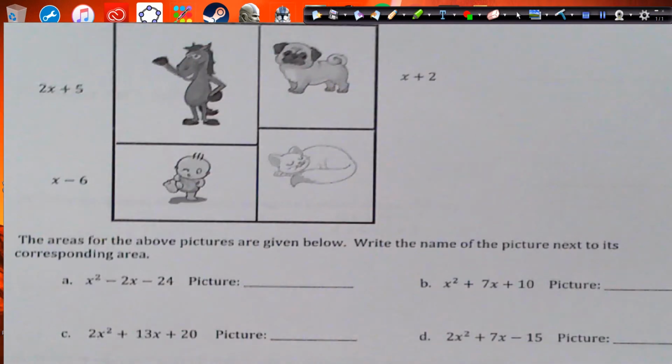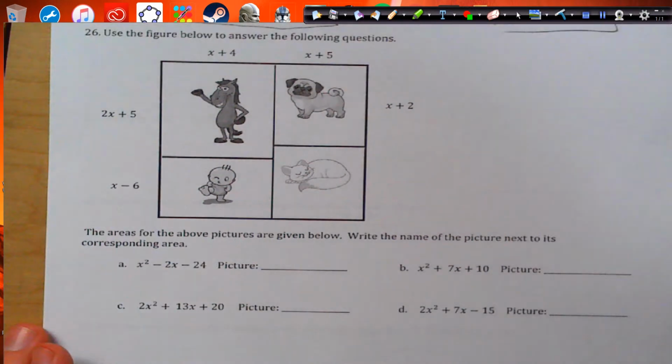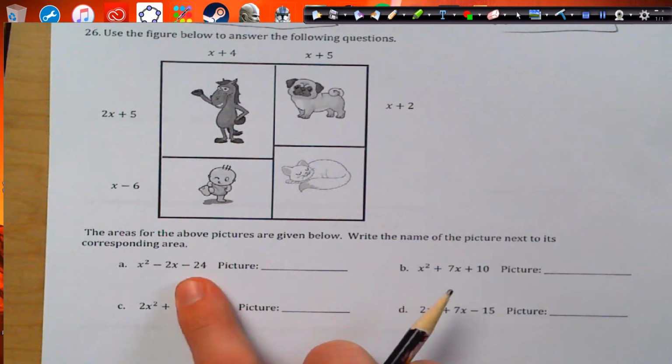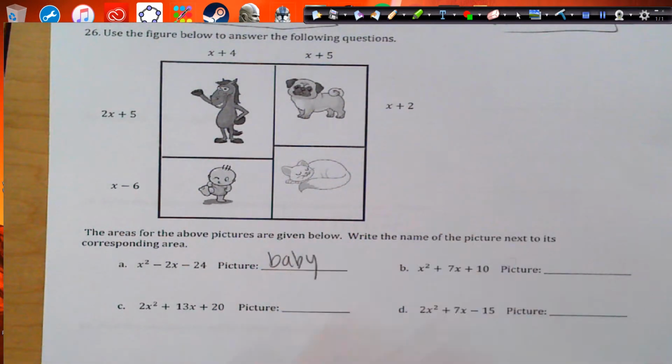As far as these, we can go over these ones in class as well, but let's just get you the answers real quick. This one, sorry, negative 24 right here is the baby. Again, just factor and look for the ones that match up.